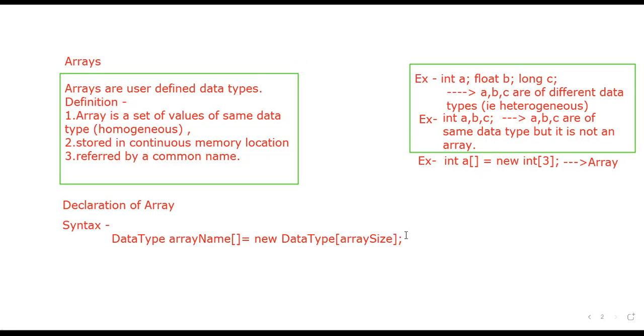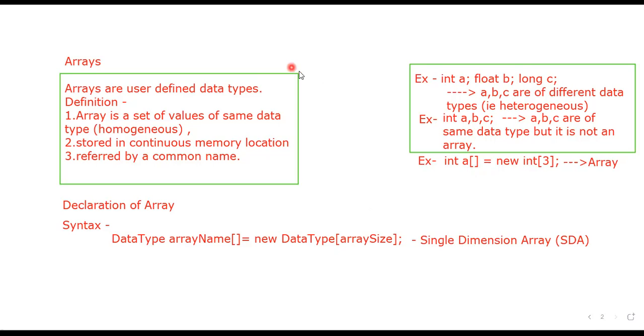This is a single dimension array, sometimes called SDA. The syntax written here is for a single dimension array, that is, if you are using a single pair of square brackets.